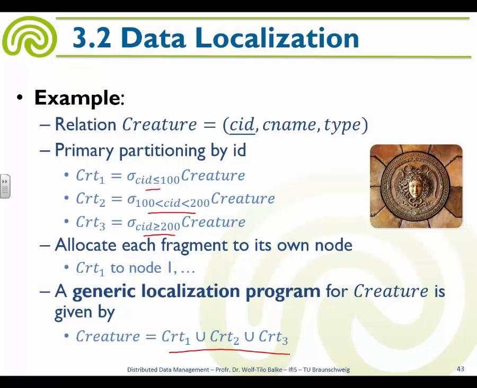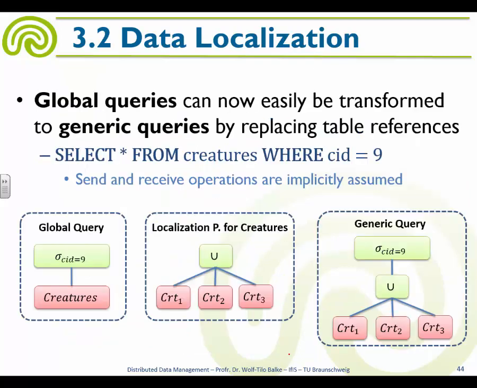You have the full table. Okay? Global reconstruction. My query says, I only want the creatures between 25 and 75. Do I need the full table reconstruction? No, I just need the first fragment, right?